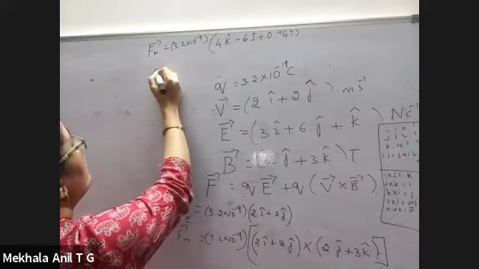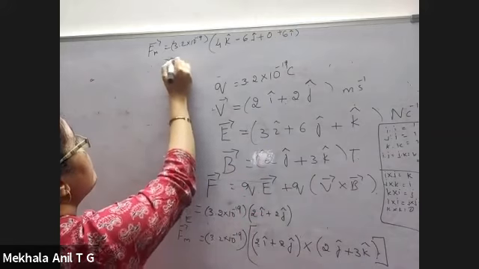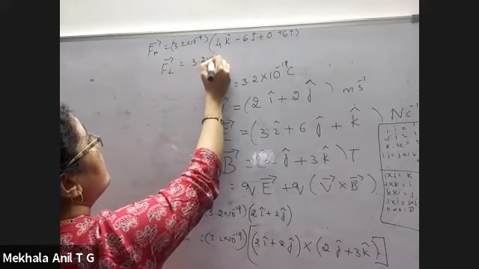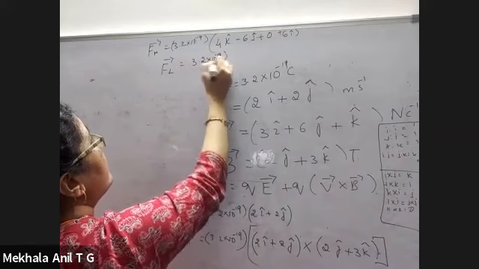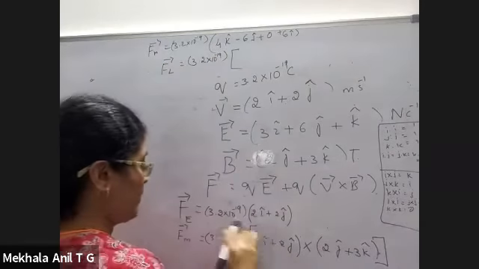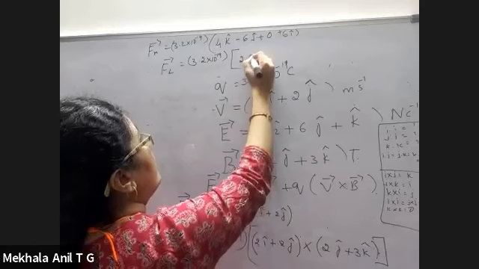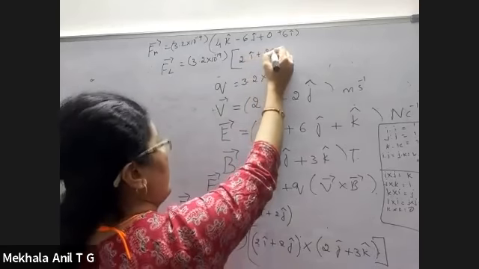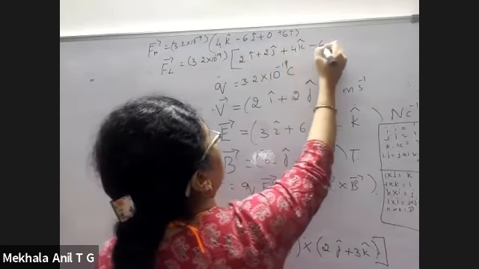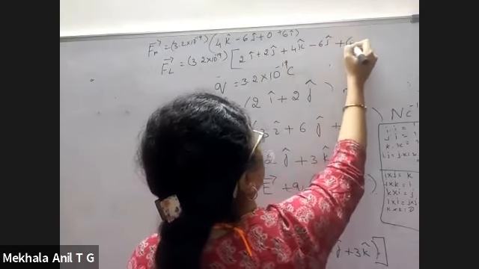Therefore, the total Lorentz force is equal to 3.2 into 10 power minus 19 coulomb. I will take the whole outside it. So it will be 2i plus 2j plus 4k minus 6j plus 6i.